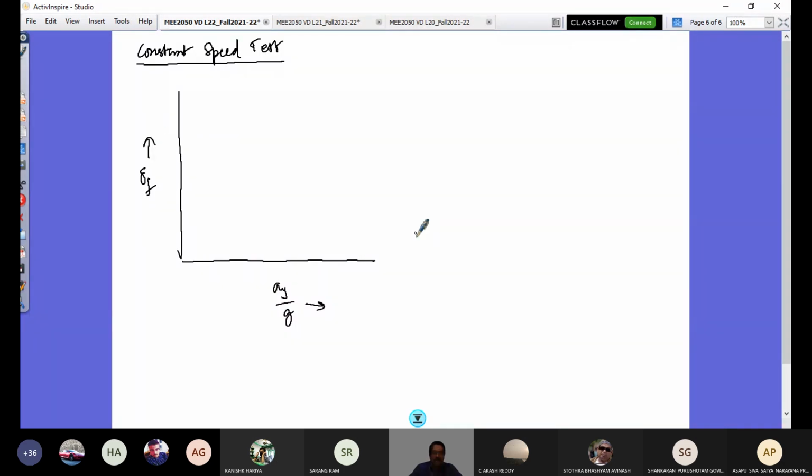How is this going to be now? So again, let's look at the governing equation for this test: L by R plus KUS into AY by G. If I differentiate delta F with respect to AY by G, I'm just going to do some manipulation.